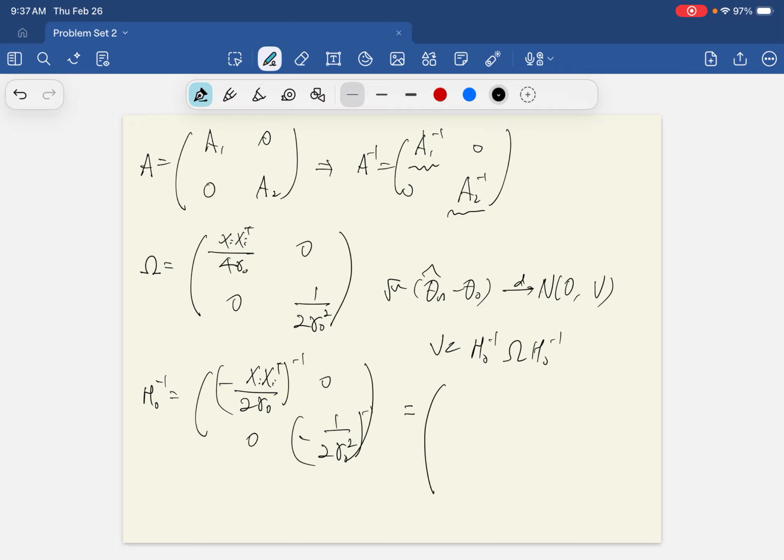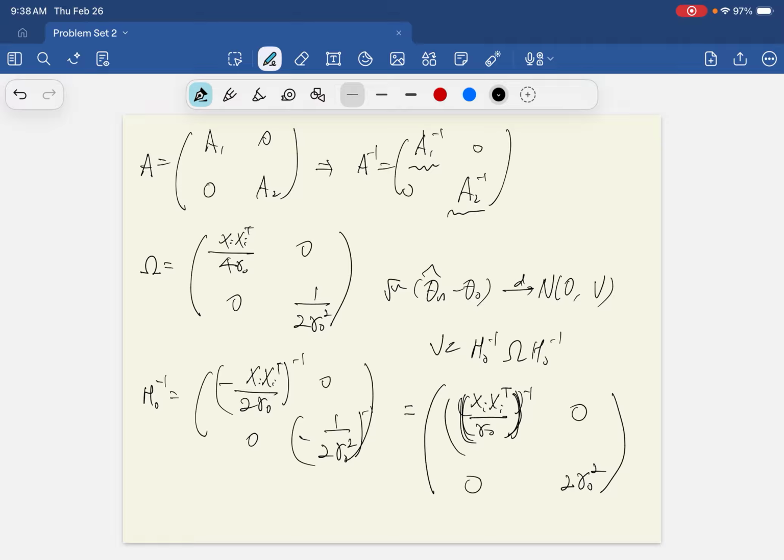We will get xi transpose inverse and gamma 0 to the inverse. This will be the final product, and here we will get 2 gamma 0 squared in here.